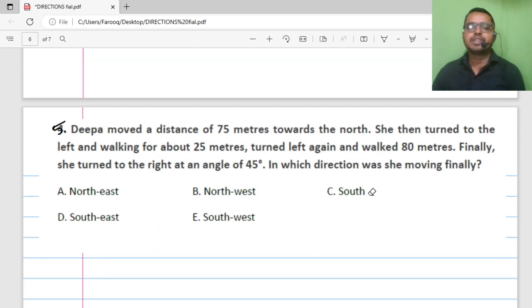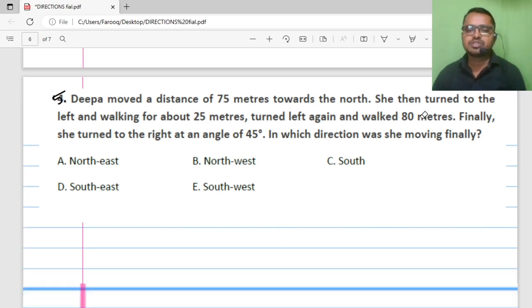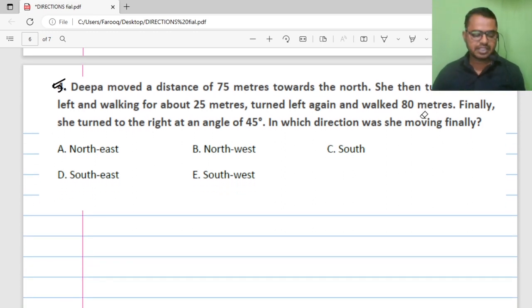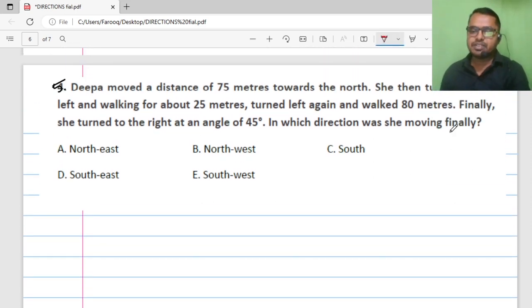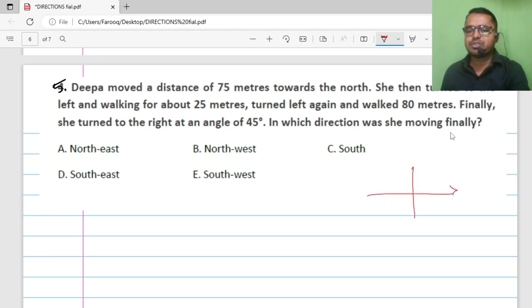Now next one. Deepa moved a distance of 75 meters towards the north. First draw the sub directions. Here these are the sub directions we can say. To solve any problem on left and right turns, we have to first draw these main directions and their turns.